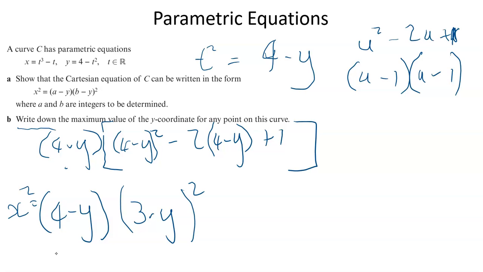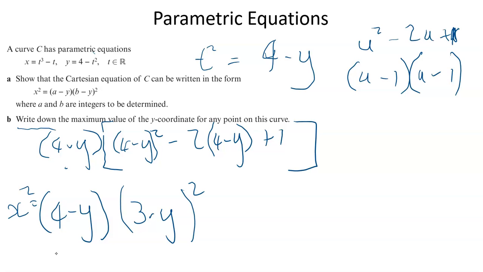And you can do it in the parametrics because remember, t is just a different variable. So whatever values we put into t, the maximum y value we can get can be from this function of t. T can be any real number. So it's just a case of looking at what number can we put in to give this as a maximum.